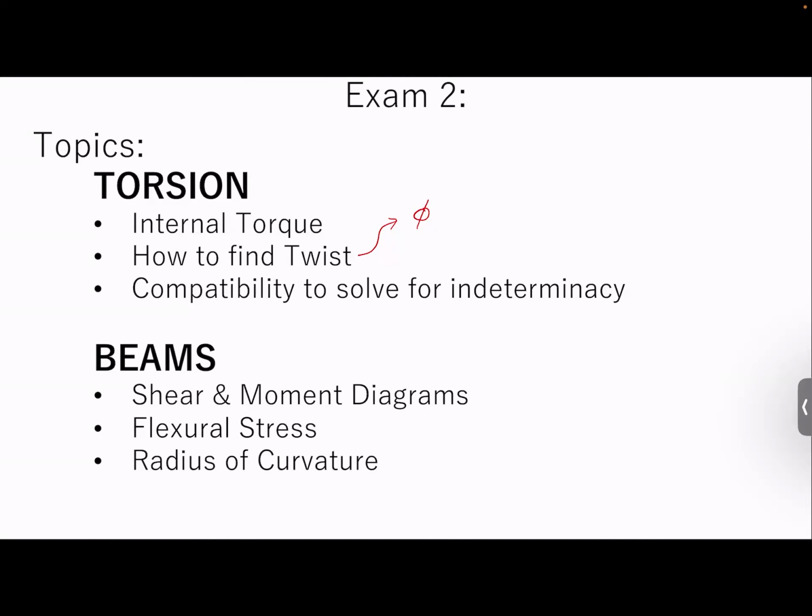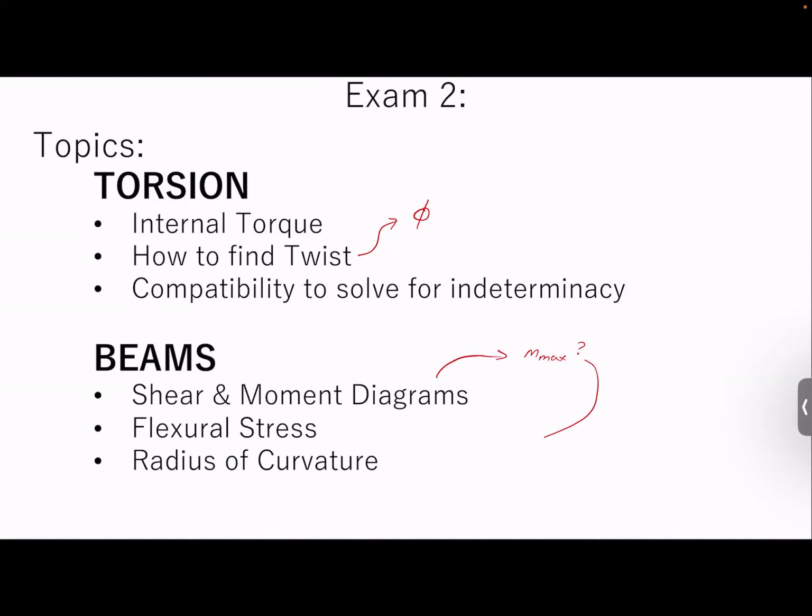In terms of beams, this is a little bit more linear in thought. We have understanding shear and moment diagrams. Back from statics, know how external loading produces reaction forces, which produces a shear diagram, which produces a moment diagram. Based off of this, all we care about for this exam is where the max moment is.